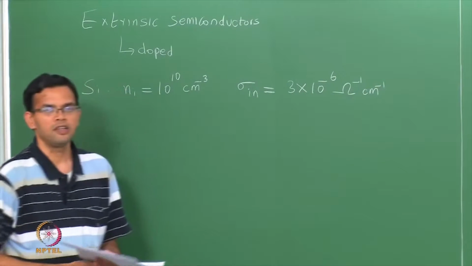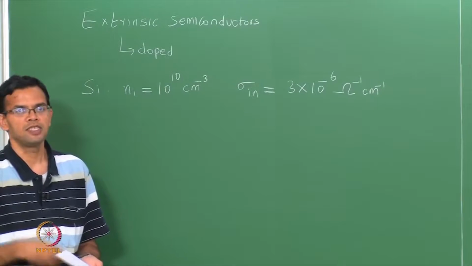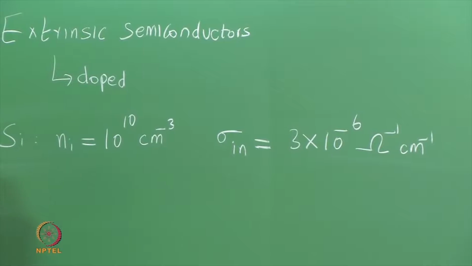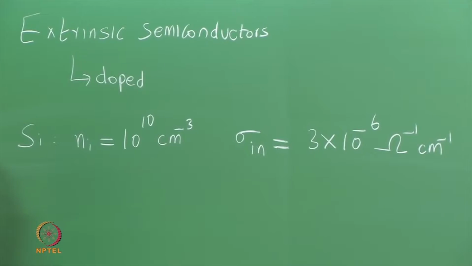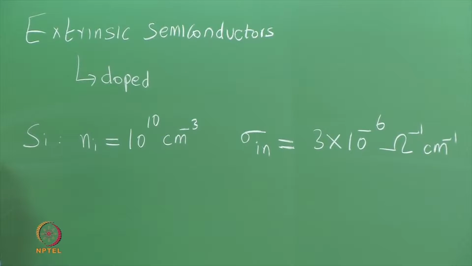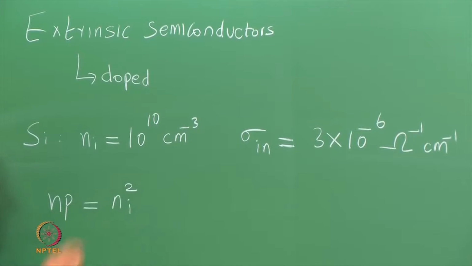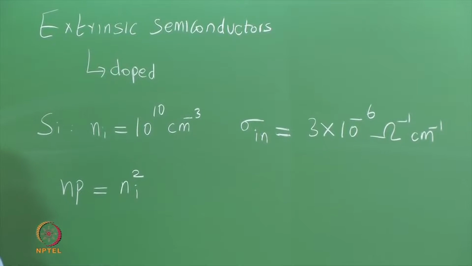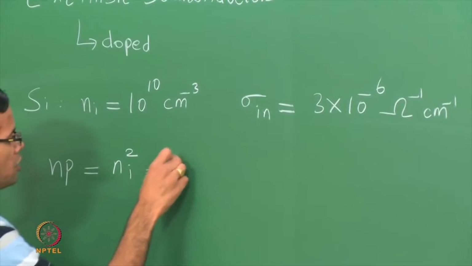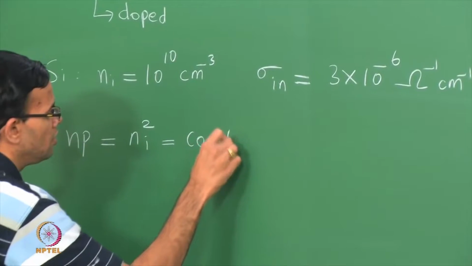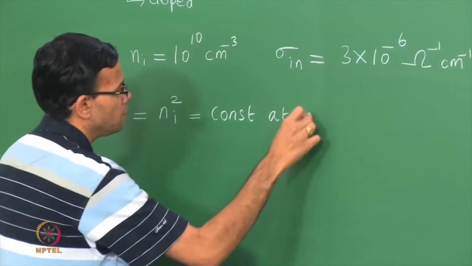So we wanted to increase the conductivity, so we selectively added impurities or dopants to the silicon in order to make it an extrinsic semiconductor. We also saw that in any semiconductor the law of mass action must always be satisfied, so that np is equal to ni square, which is a constant at a given temperature.